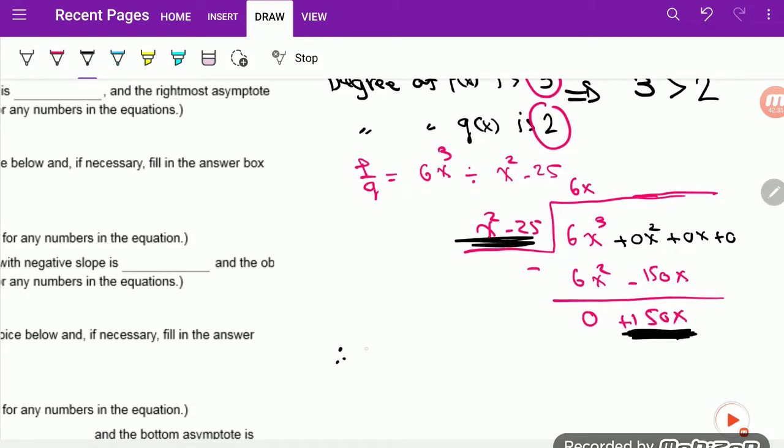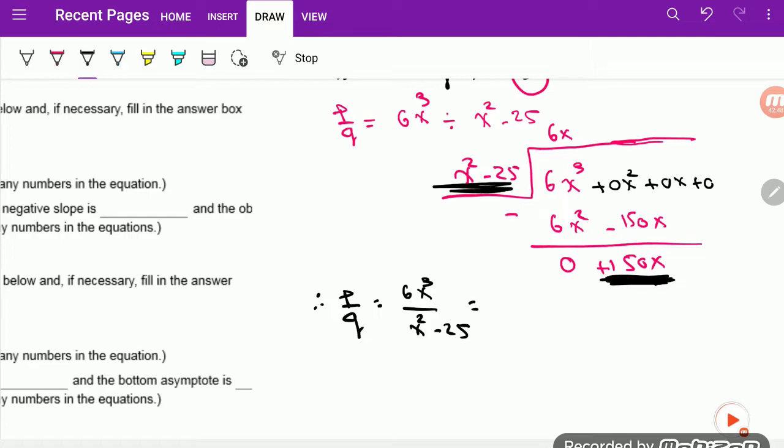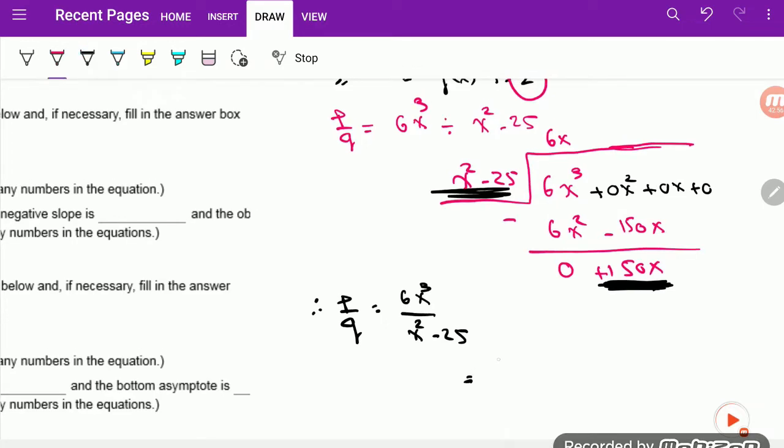So what is p divided by q? P is 6x cubed divided by x squared minus 25. How do we write the answer? This is equal to what? When you divide them, you get the quotient. What is the quotient? 6x plus the remainder over the divisor.